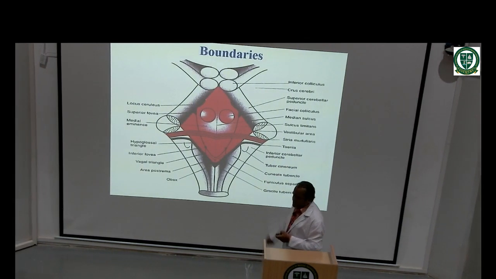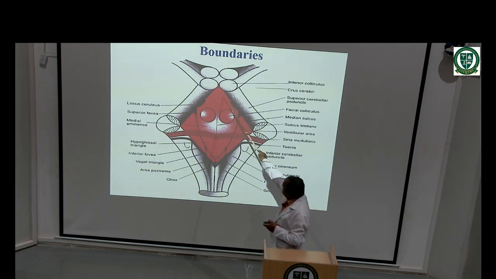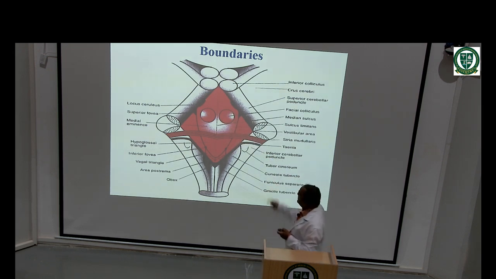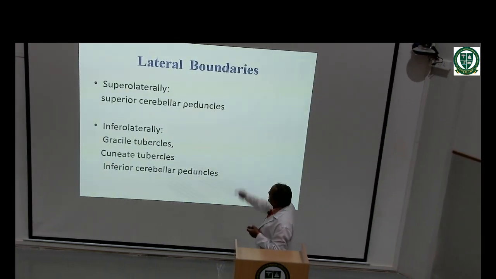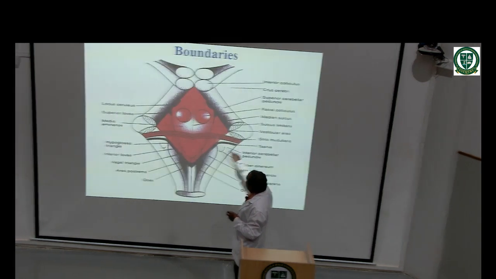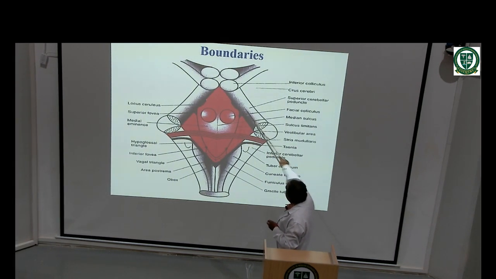So let us study the floor of the fourth ventricle. This is the floor of the fourth ventricle. We'll study the boundaries of the fourth ventricle: lateral boundaries, superolaterally and inferolaterally. Superolaterally, we have the superior cerebellar peduncles on either side.